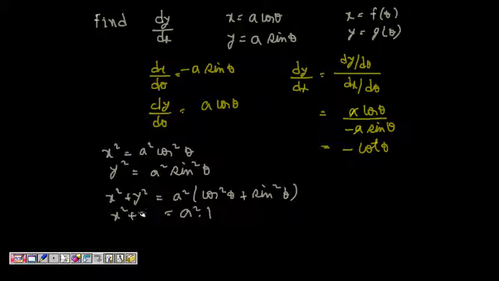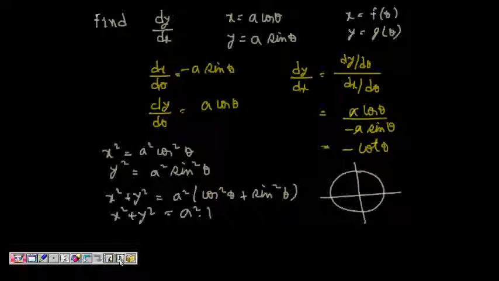So x square plus y square is equal to a square. This is the equation of a circle with radius a centered at the origin. For this, dy by dx is minus cot theta. This is one parametric equation, and this is how we found dy by dx from it.